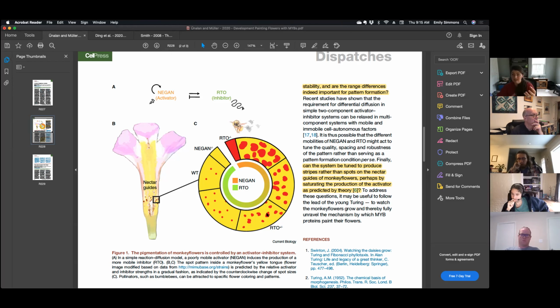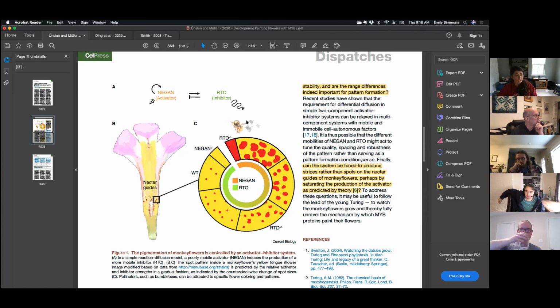So if you have less inhibitor, then you're going to get larger red dots because there is more activator relative to inhibitor. If we continue to tune this and we completely knock out the red tongue, there's no inhibitor at all. And so the activator just continues to promote, and it causes just complete red dominance, no yellow at all.